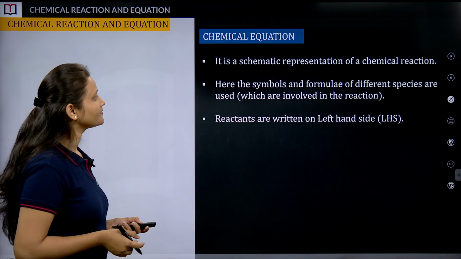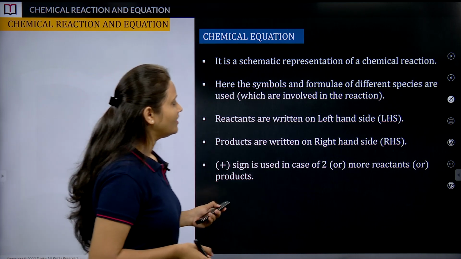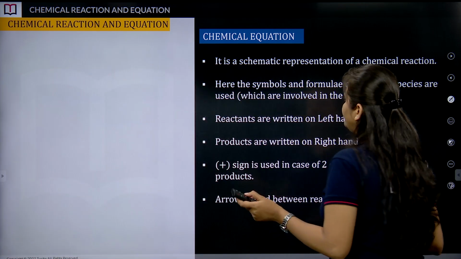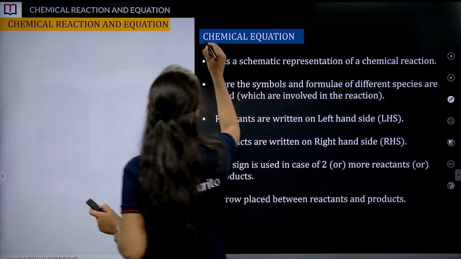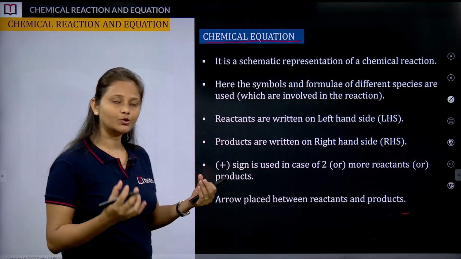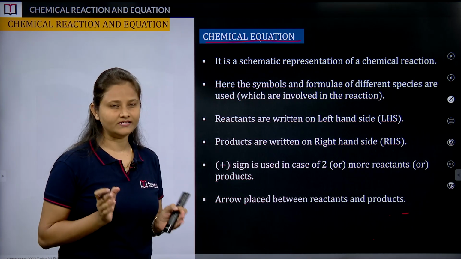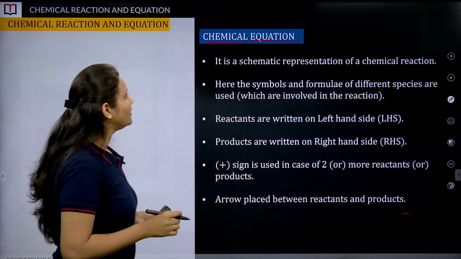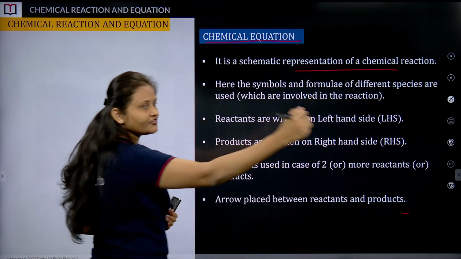Yes, now it's time to revise whatever we have talked about and understood so far. So I told you about the chemical equation. In very simple words, it's a schematic representation of a chemical reaction.